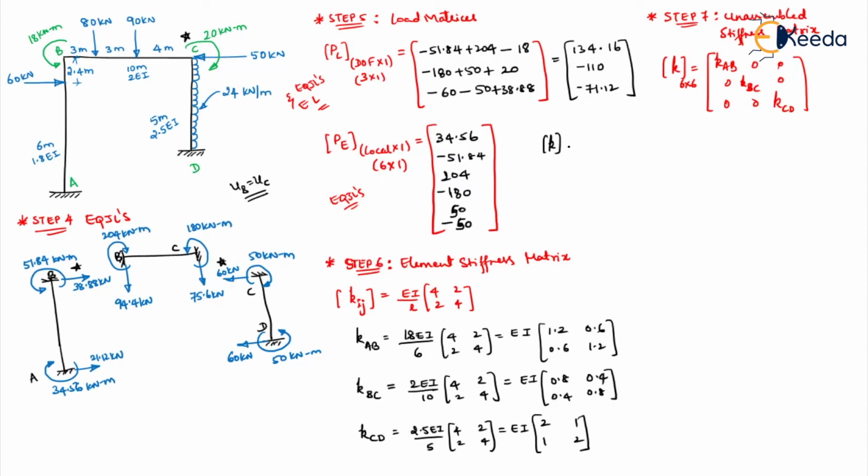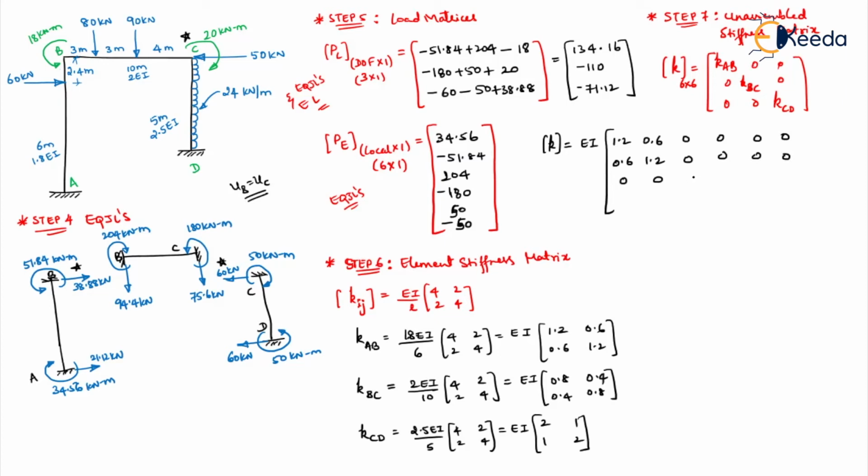K will be equal to EI, I'll take common. Right. So 1.2, 0.6, 0, 0, 0, 0, 0.6, 1.2, 0, 0, 0, 0.